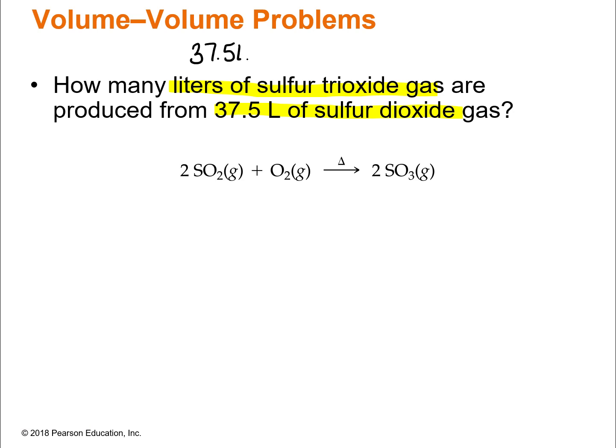Here's our given information. The same 37.5 liters of sulfur dioxide gas. You need to figure out how many liters of product you make, which is sulfur trioxide gas. Write out your ratios, set up your equation. I'll give you 2 minutes, and then I'll start writing things in. I'm just going to write out the ratios, just in case someone is stuck.